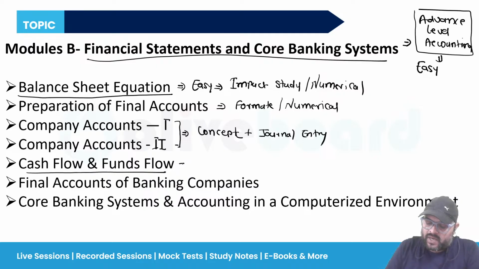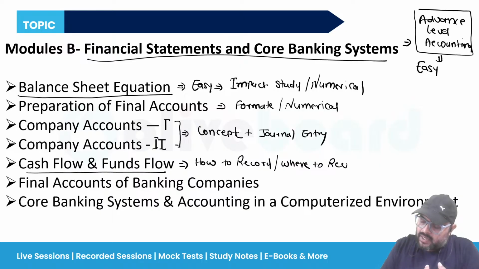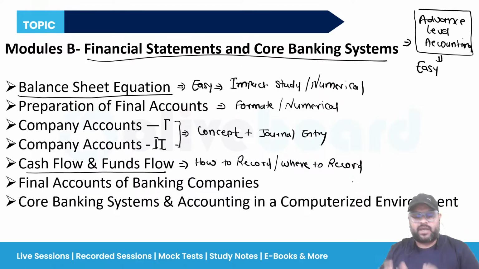Then cash flow and fund flow statement. It asks questions like how to record a particular transaction and where to record it. Like in the cash flow system, in which category we will record, that type of questions will be there.